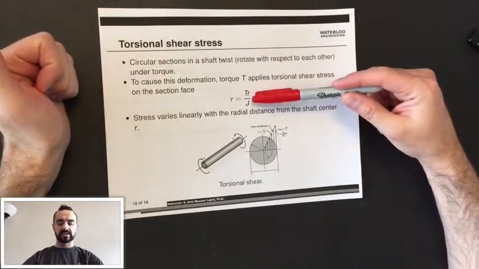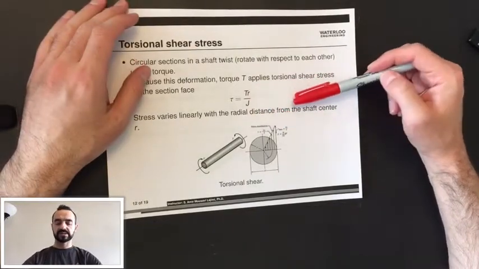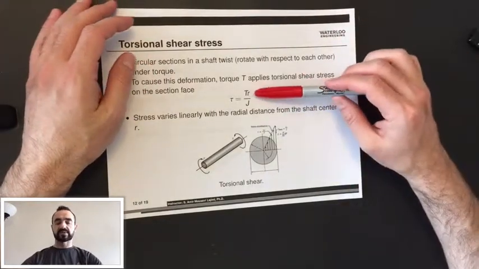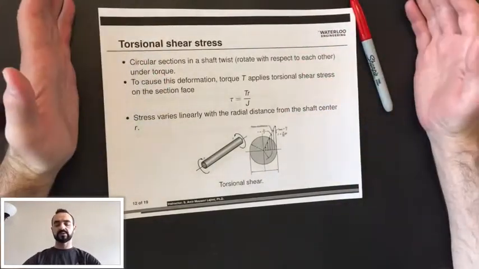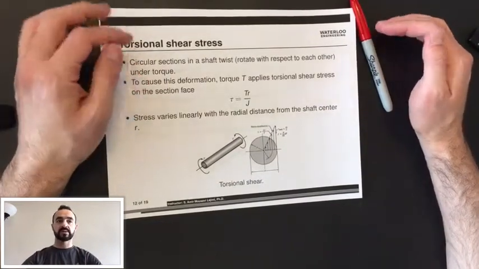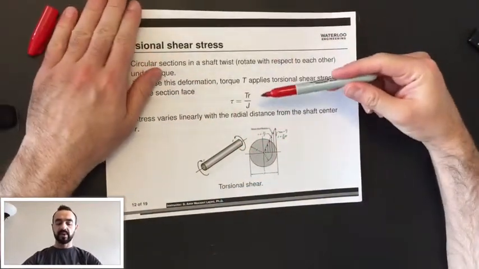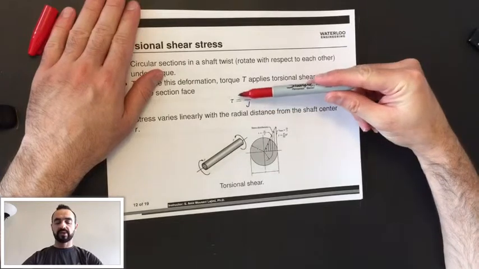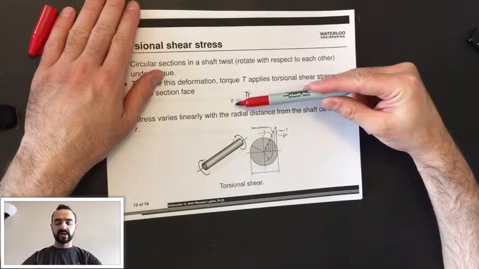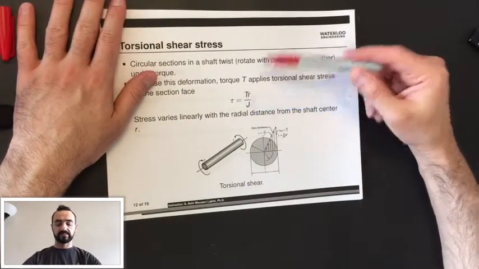One thing here is that this stress varies linearly with radial distance from the shaft center. We don't go into the details of this derivation here because we want to progress as fast as we can towards mechanical design. So what you need to remember is that this torque, T, is related to this torsional shear stress through this relation.